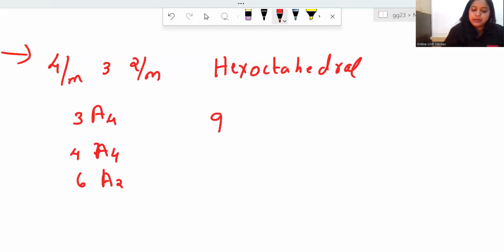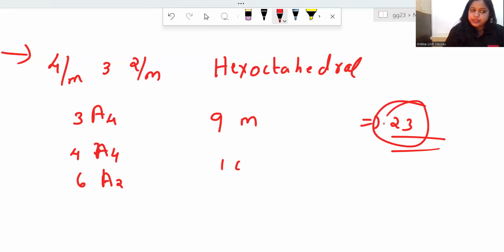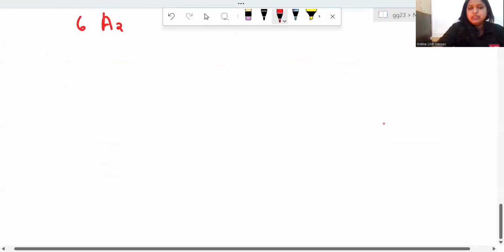Altogether there are nine mirror symmetries, and there is centrosymmetry also present. So altogether there are 23 symmetry elements present in the hexoctahedral. Options were 23, 21, 20, 26. The right answer is 23. This was also a direct question from crystallography. Then the next question is minimum radius ratio.